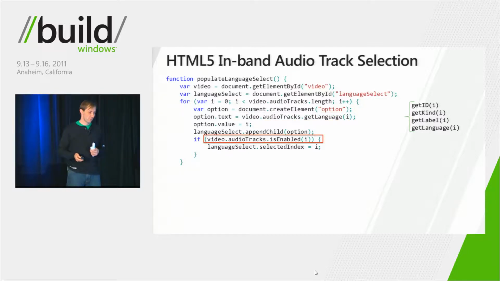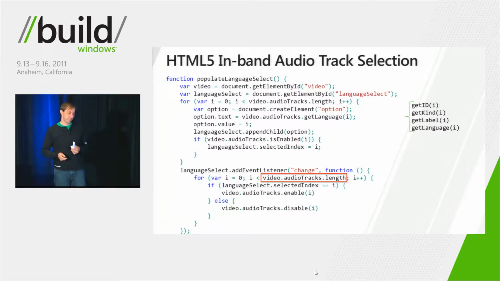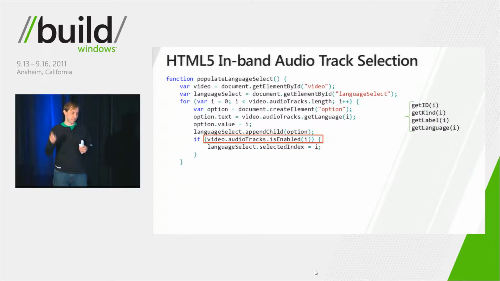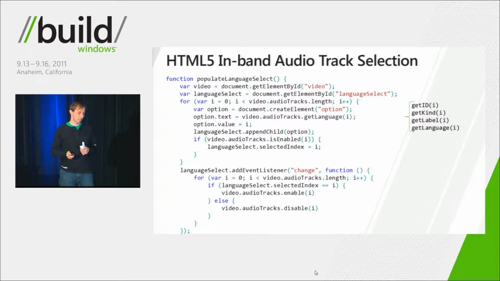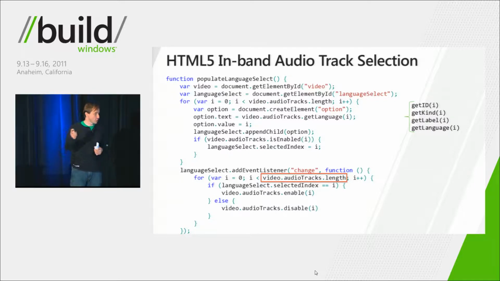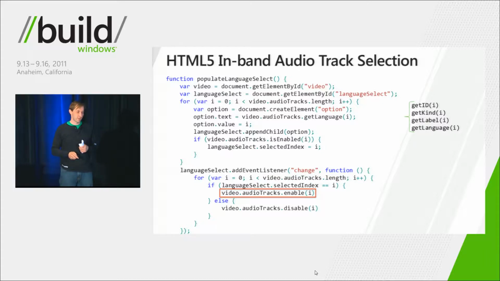Then we'll check which one of these is actually the enabled audio track, and use that as the selected option in the list box. And here is how we're reacting to somebody changing the selection. Again, we go over all the audio tracks on the current content on the video tag.